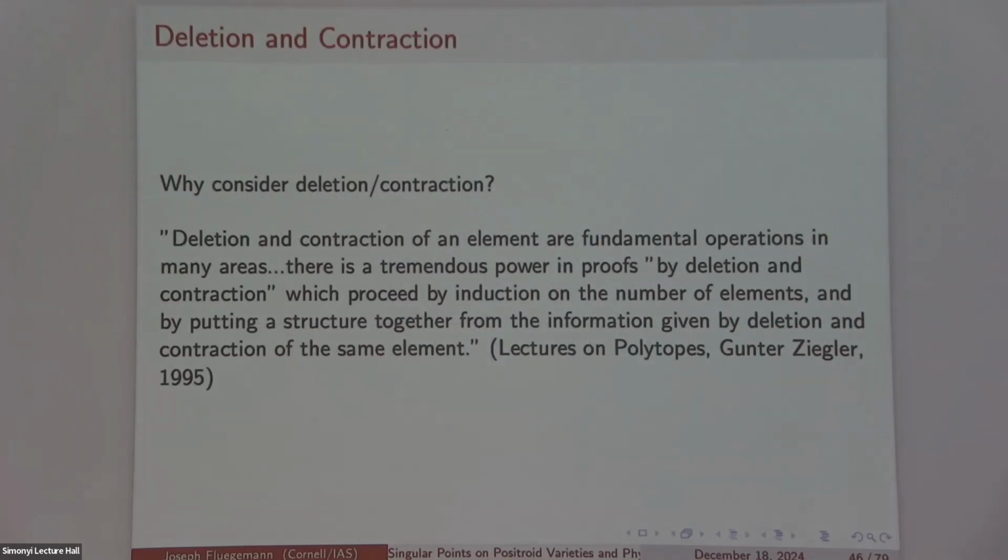Okay, so the next part of my talk is going to talk about how we can put some sort of order on these objects, and the relationships between objects in this order will be this notion of deletion and contraction for Positroid varieties.